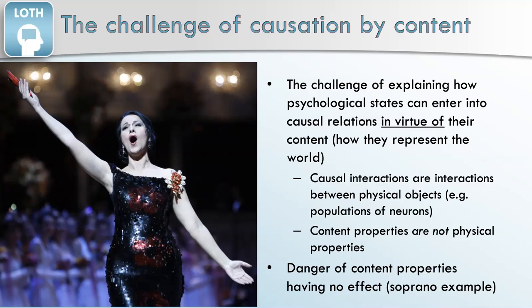Was the word the thing that made the glass shatter, or was it the sound coming from her voice, from her lungs? Well, that's tricky because it seems like causation happens at the level of physical objects. Like the word shatter didn't cause the glass to shatter.